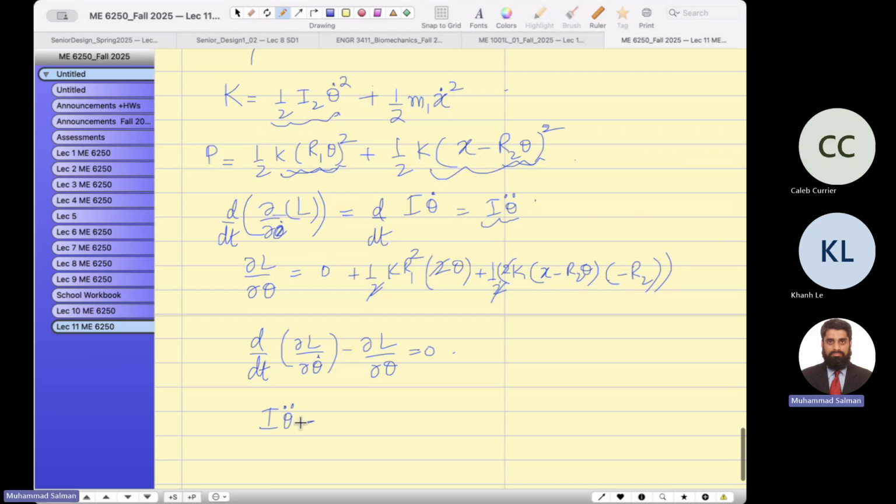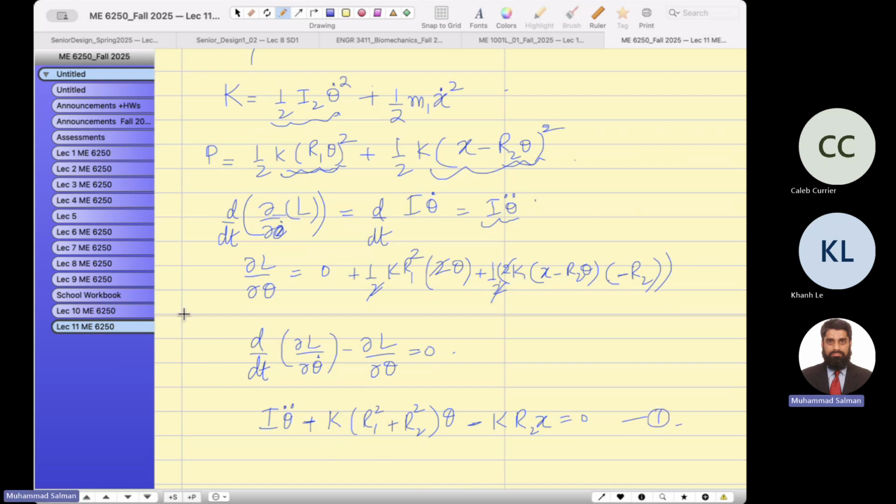Then this minus sign becomes positive, so I can write positive k r1 squared theta, minus k r2 x. So this is our equation number 1.